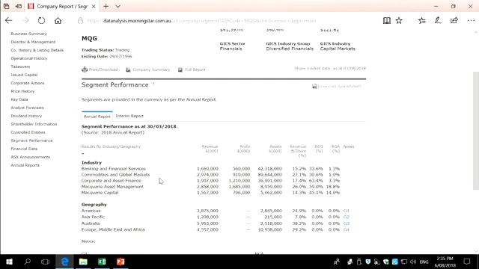So now you have the option of forecasting each of these business units for Macquarie, or you can just forecast as a whole single business unit. What's your choice?